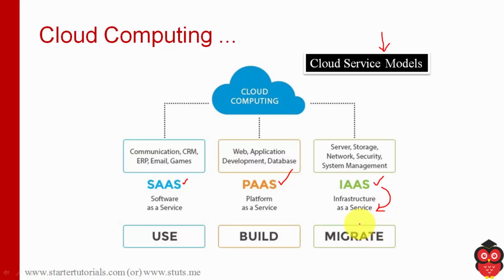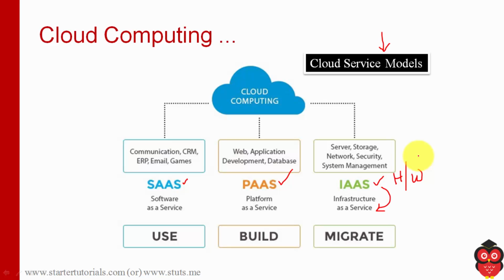Here this is generally hardware. What the cloud providers will do is they will have data centers. On top of data centers, they will install virtualization software, and then they will provide those virtualized resources to clients.